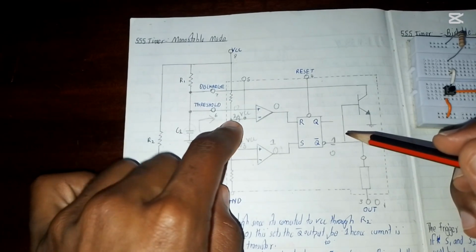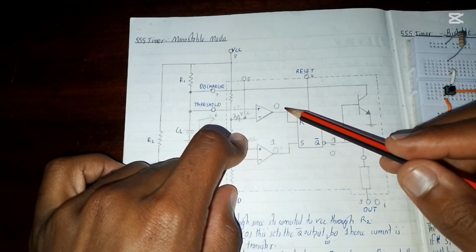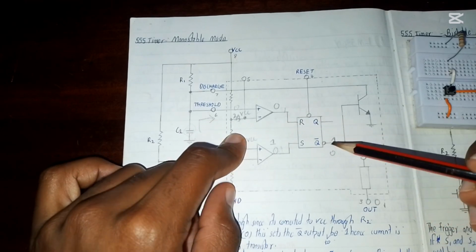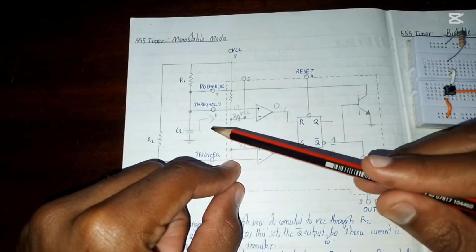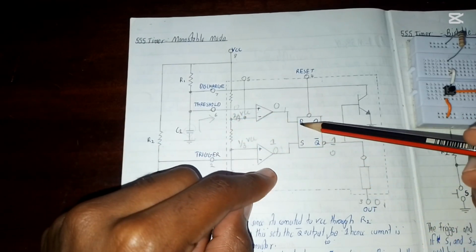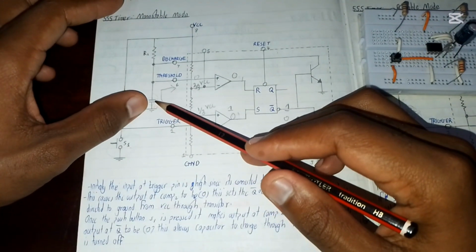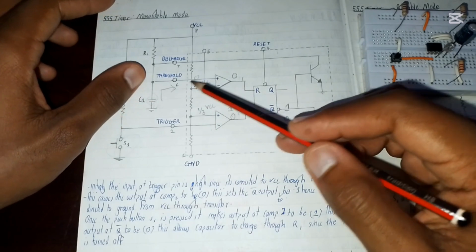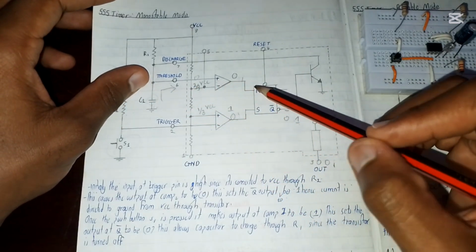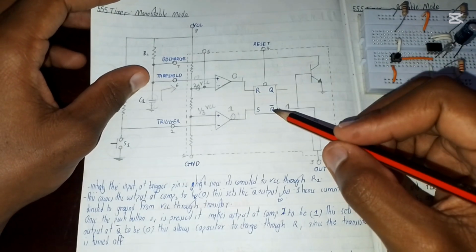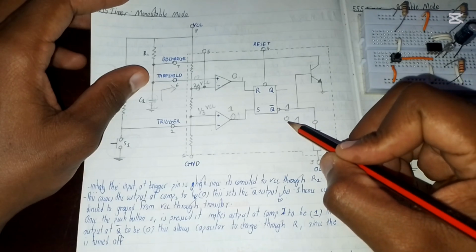Once it has reached 2/3 VCC, the comparator is going to give a 1 output right here. That 1 output is going to enter the R input of this flip-flop, and it's going to change the value of the Q bar output from 0 to 1.